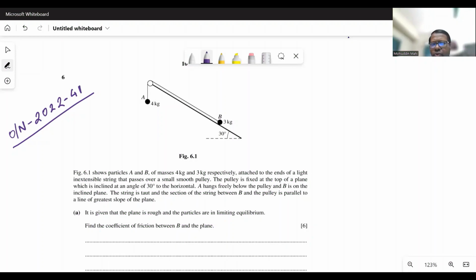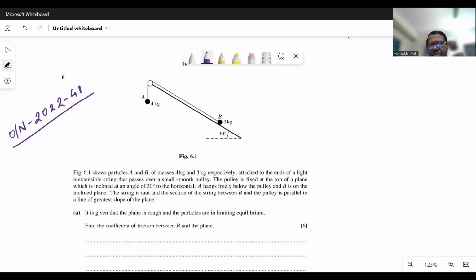Figure 6.1 shows particles A and B of masses 4 kg and 3 kg respectively attached to the ends of a light inextensible string that passes over a small smooth pulley. The pulley is fixed at the top of a plane which is inclined at an angle of 30 degrees to the horizontal. All the information is also given in the question. A hangs freely below the pulley and B is on the inclined plane.